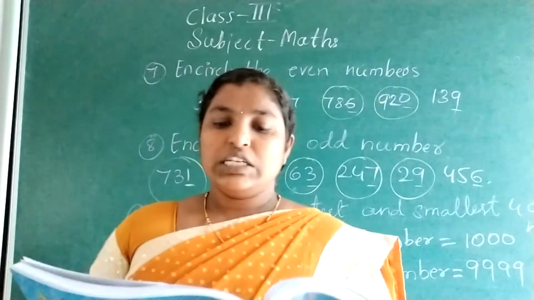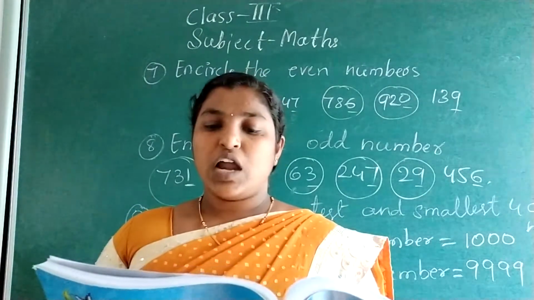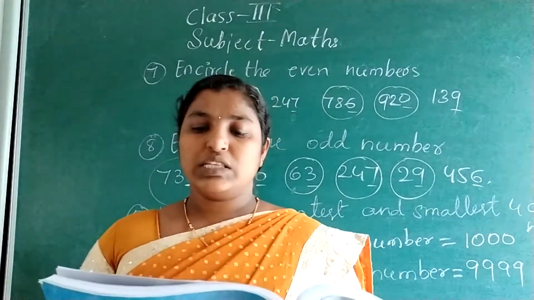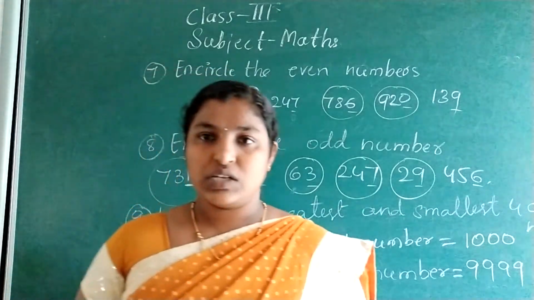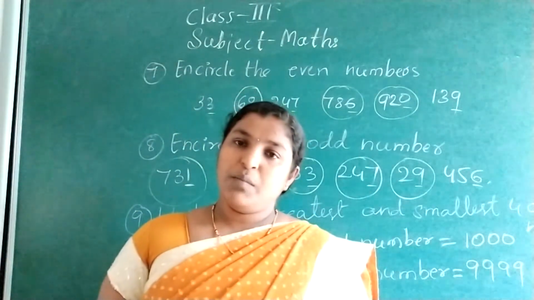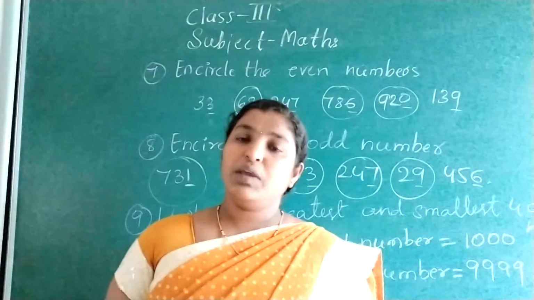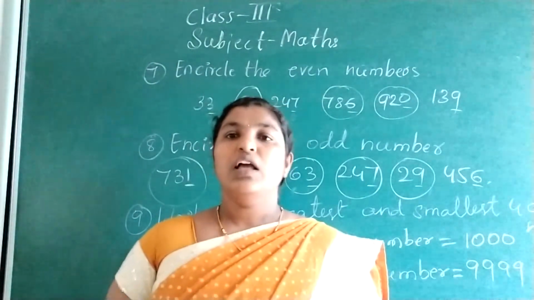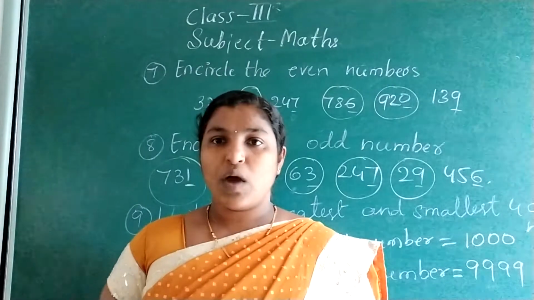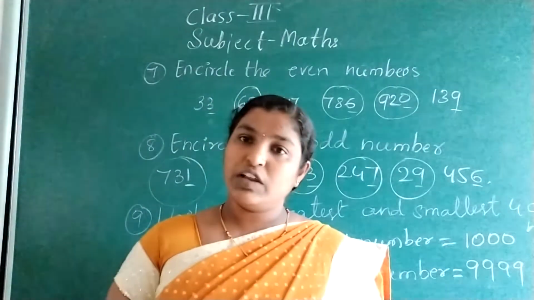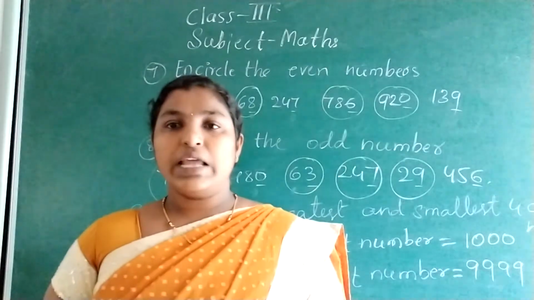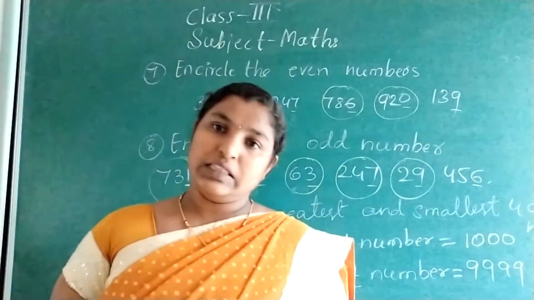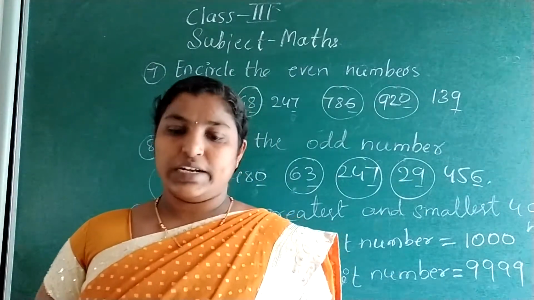In a 4-digit number, the place value chart goes up to 4 places as given below: ones, tens, hundreds, thousands. If it is a 3-digit number, the place value chart will be ones, tens, hundreds. If it is a 5-digit number, 10,000 will be added in the chart.